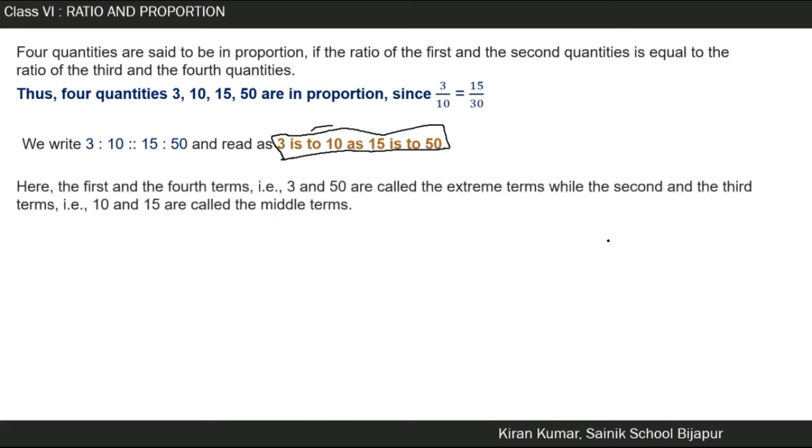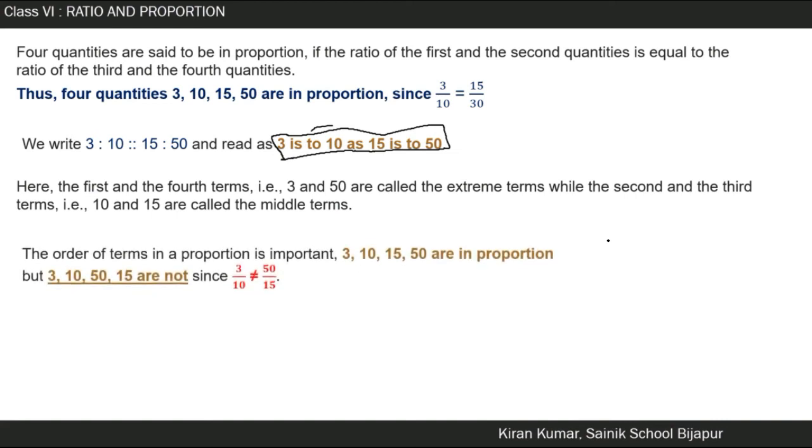Here, the first and the fourth terms are called the extreme terms. The second and third terms are called the middle terms. The order of terms in the proportion is very important, because if I reverse the last two numbers, instead of 15:50, if I consider 50:15, they will not be equal.